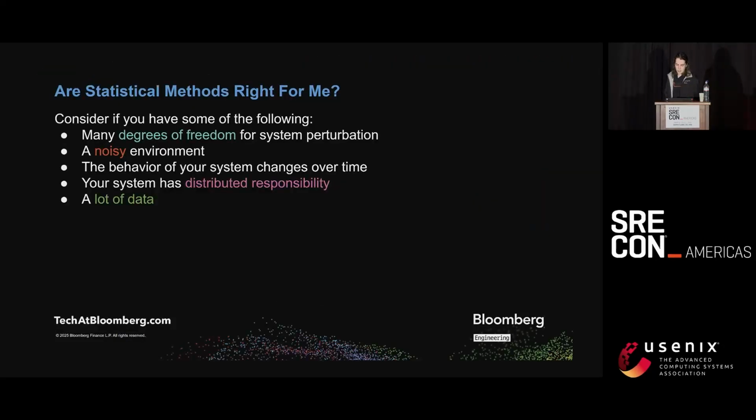In total, I'd recommend using a statistical system like this, whether for anomaly detection or change point detection, if your system has a lot of ways it could change. It's very noisy, so simple rule-based systems won't work. And then particularly if your system is very large, you have distributed responsibility, and it's not the SRE ideal. It's not, hey, everything is instrumented exactly as I want.